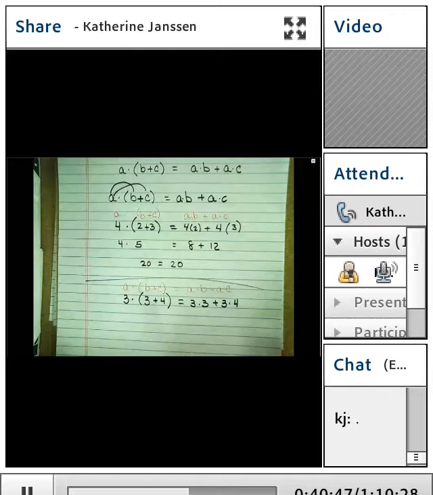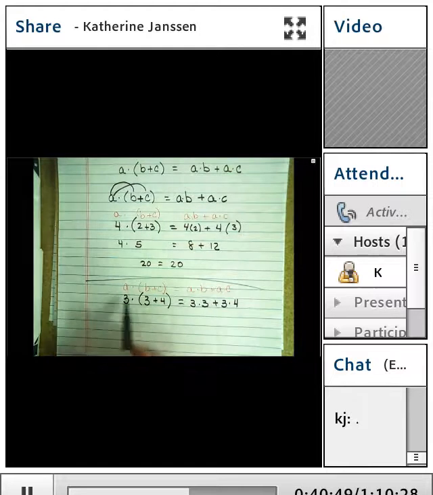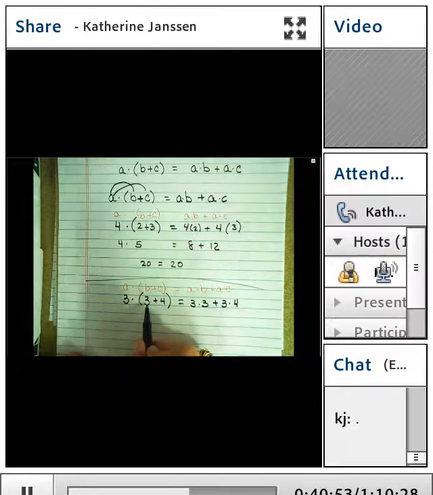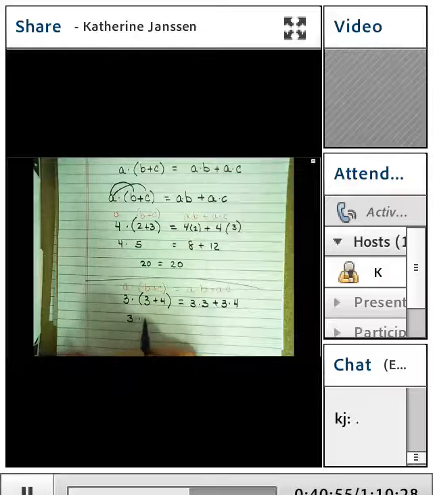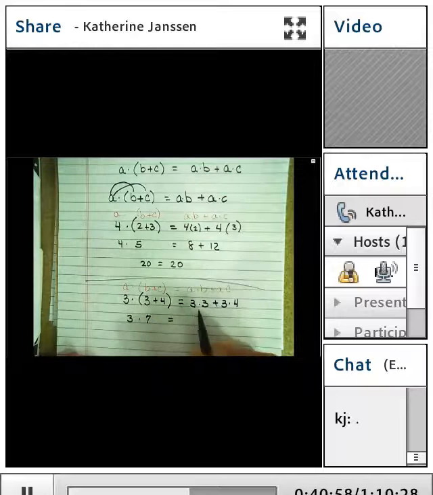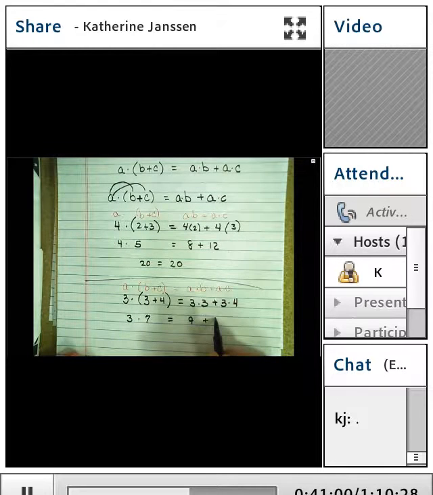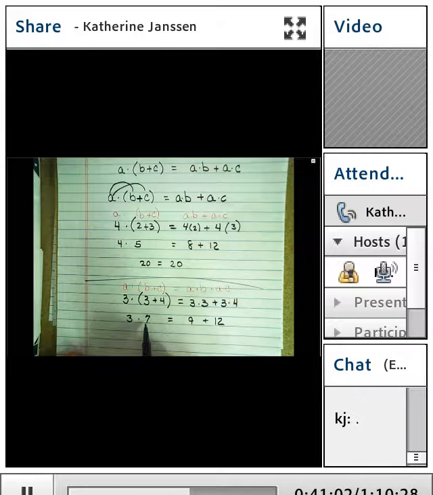Patterns, so we're placing our pattern above and expanding. I have 3 times 3 plus 4 is 7. Here I have 9 plus 3 times 4 is 12. 3 times 7 is 21.